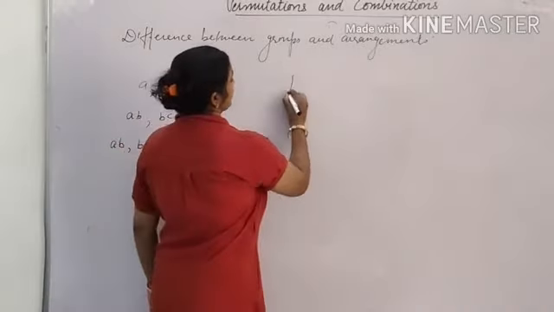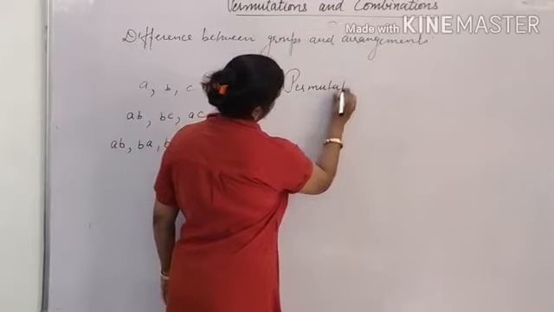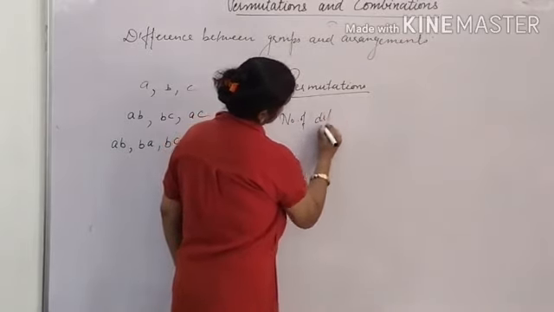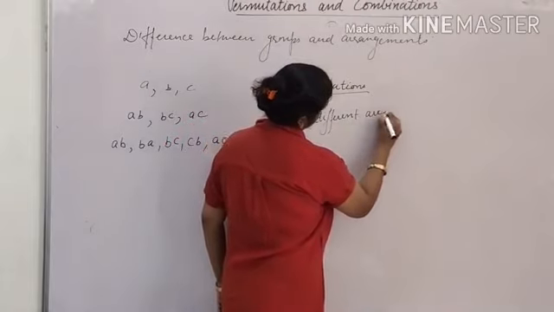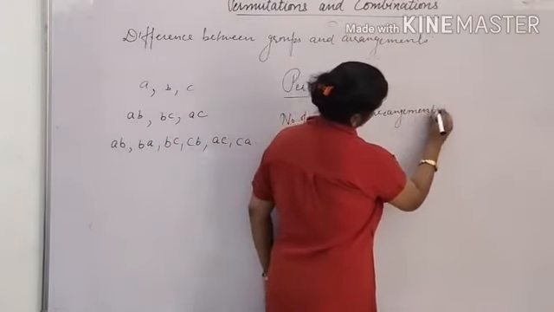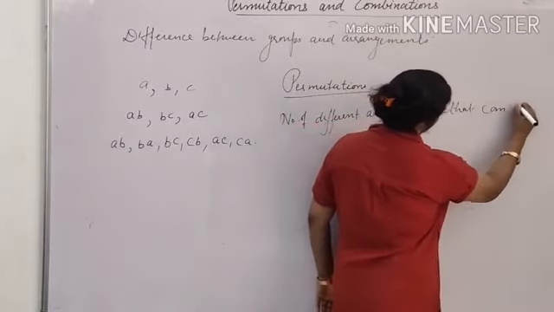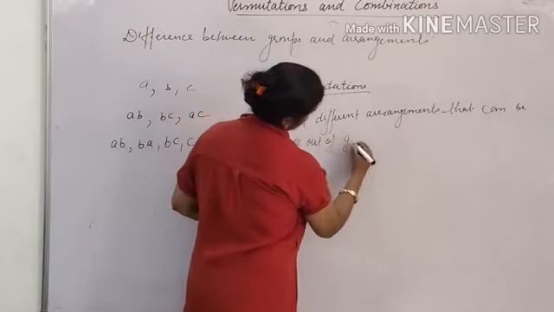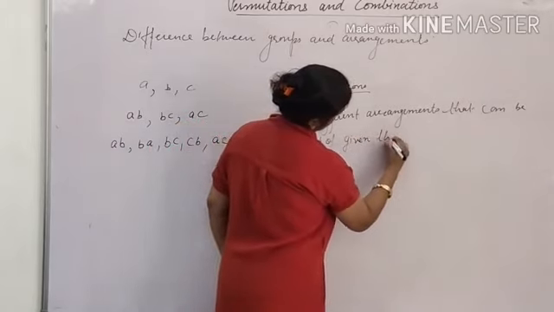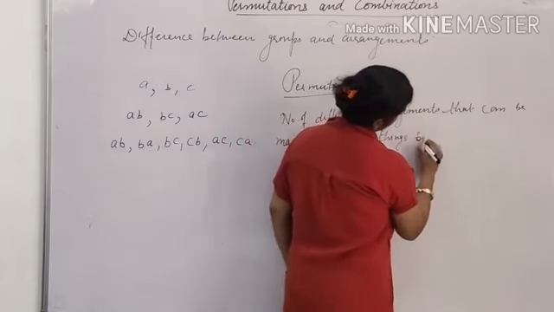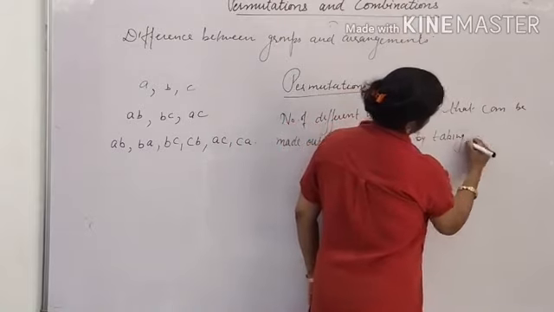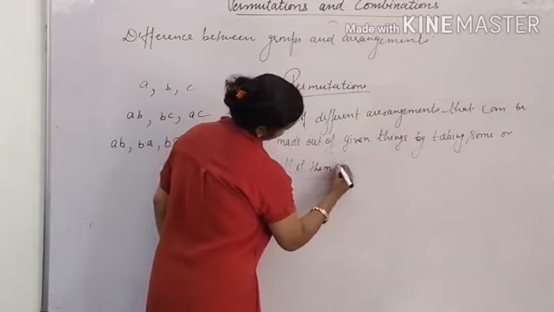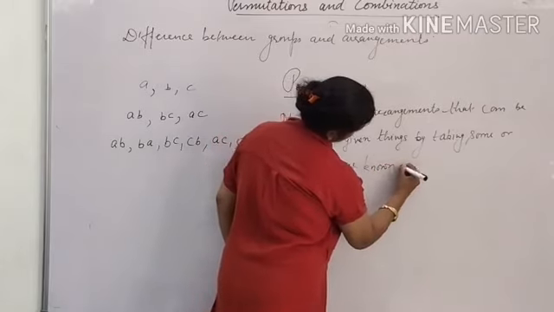Now we come to the definition of permutations. Permutations means the number of different arrangements that can be made out of given things by taking some or all of them.